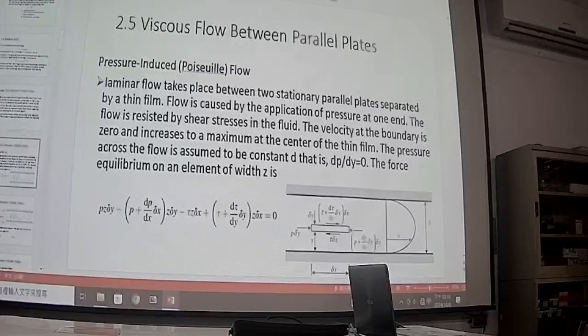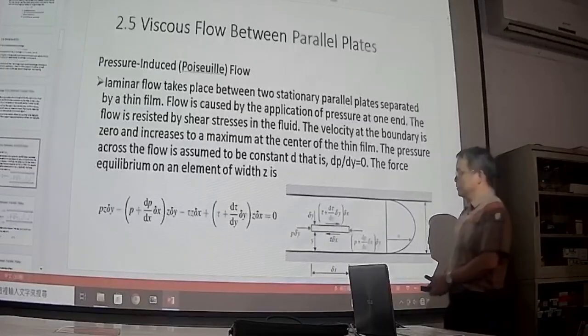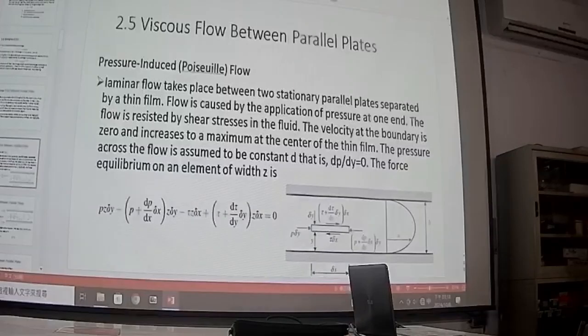It's pressure-induced flow, because your pressure difference induces the flow to move. This is exactly the same partial differential equation as in fluid mechanics.